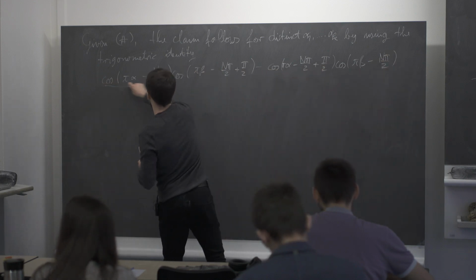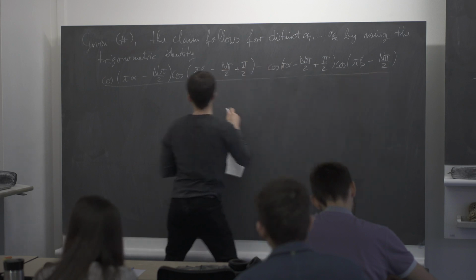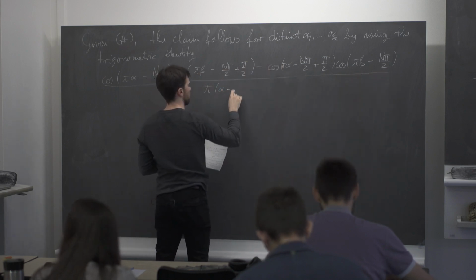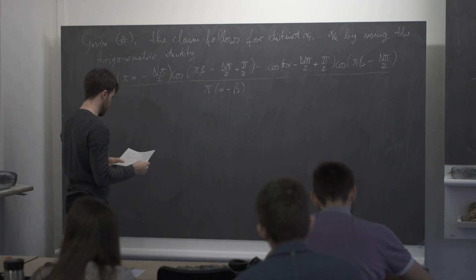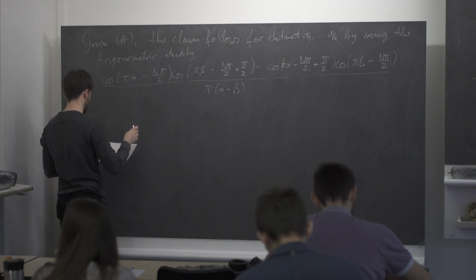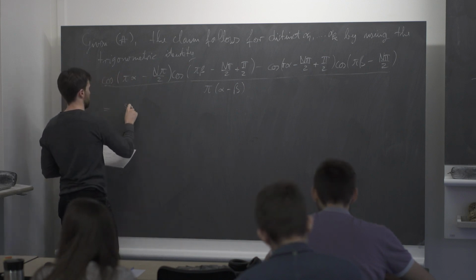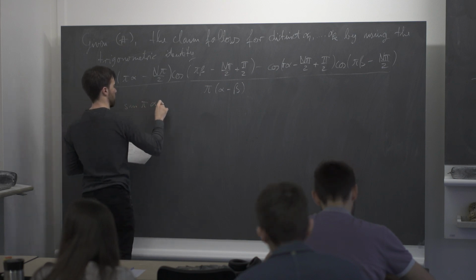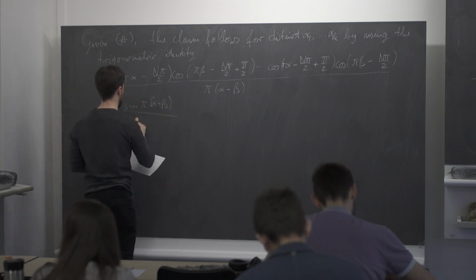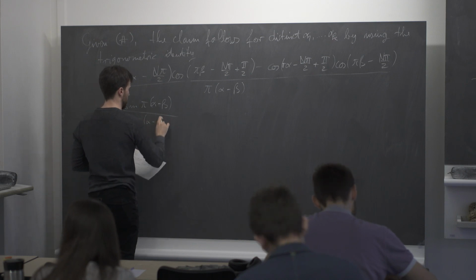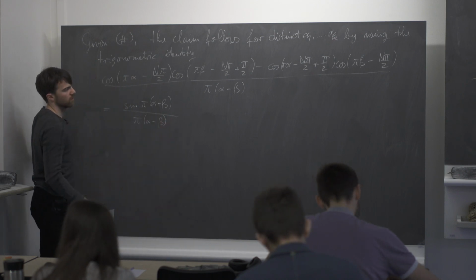If I divide this whole thing by pi times alpha minus beta, then this is the sine of pi times alpha minus beta divided by pi times alpha minus beta.